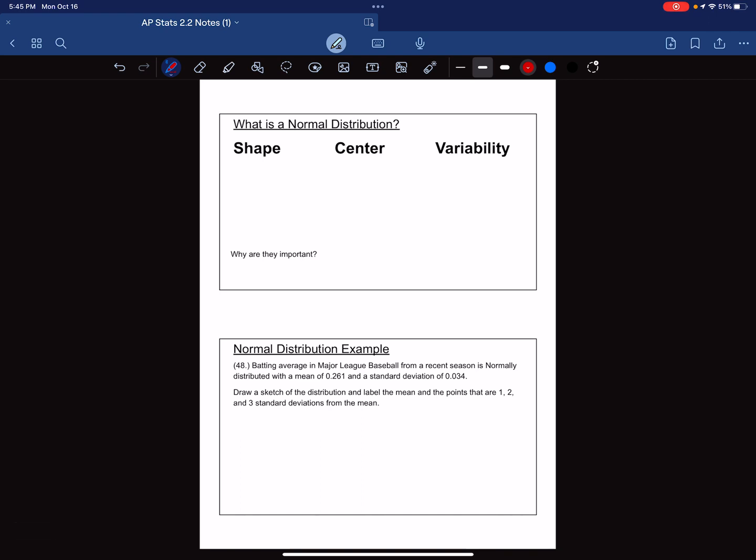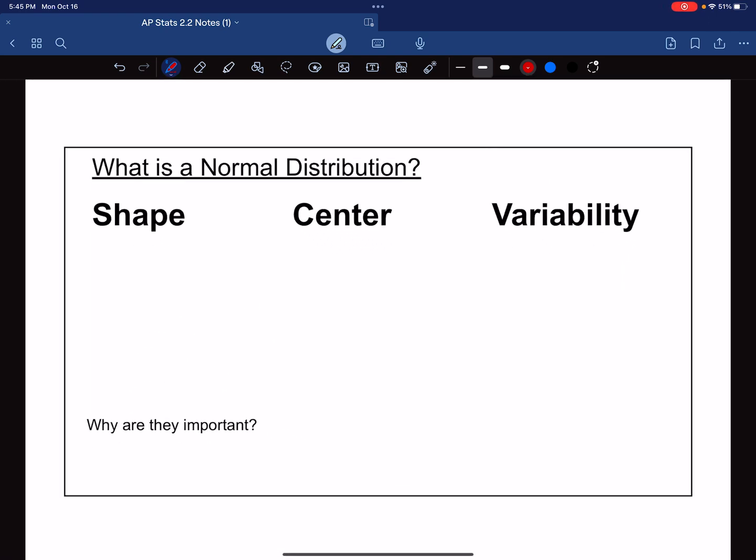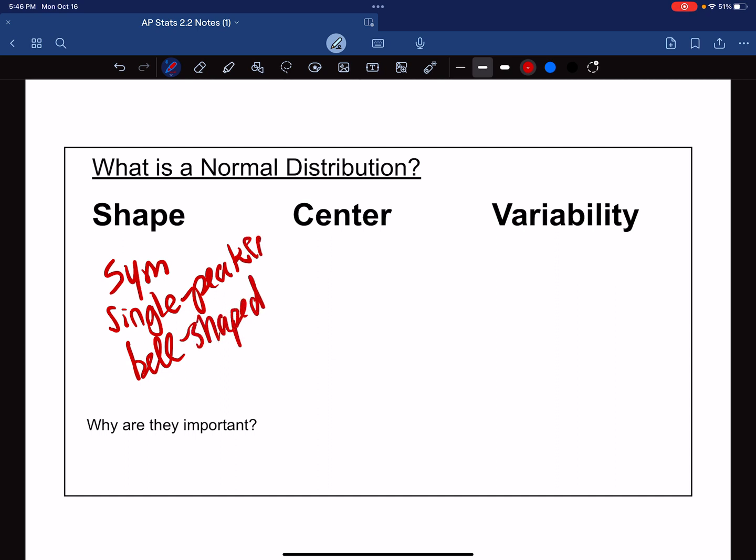Okay, well, how would you describe it? Using shape: symmetric, single-peaked, and bell-shaped. The center is at mu, which in this case is the mean and the median because it's symmetric.